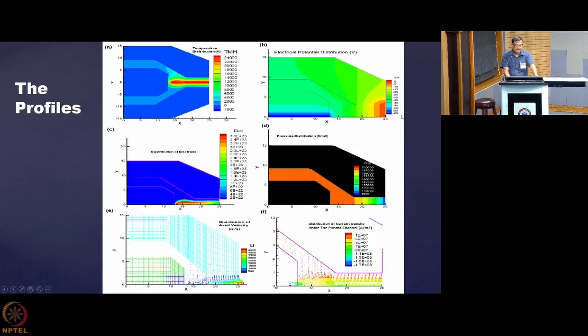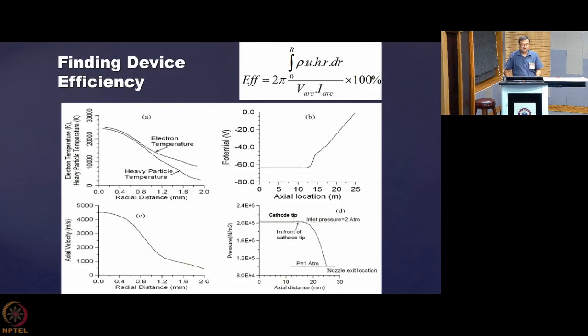This you can directly measure, and this is the axial velocity distribution, and this is the current density distribution. They have the typical converging-diverging pattern, and the velocity here, unlike your cutting torches, is quite low because of the narrow diameter. Here it is around 4,500 meters per second, but that is also quite high.